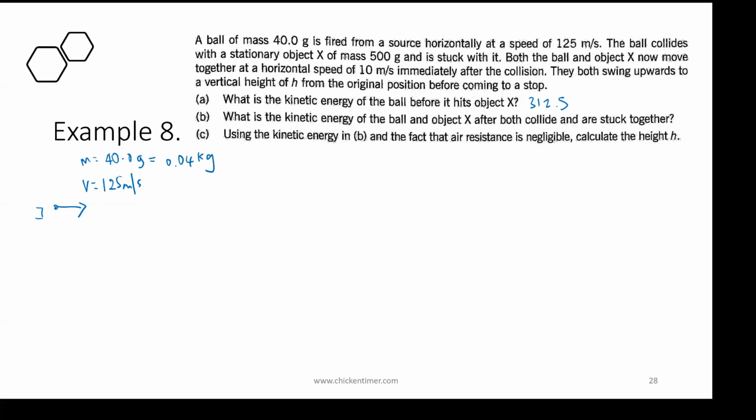Then it collides with a stationary mass X. Mass X is 500 grams, equals 0.5 kilograms. It is stuck to it and they move together with a horizontal speed of 10 meters per second after the collision.